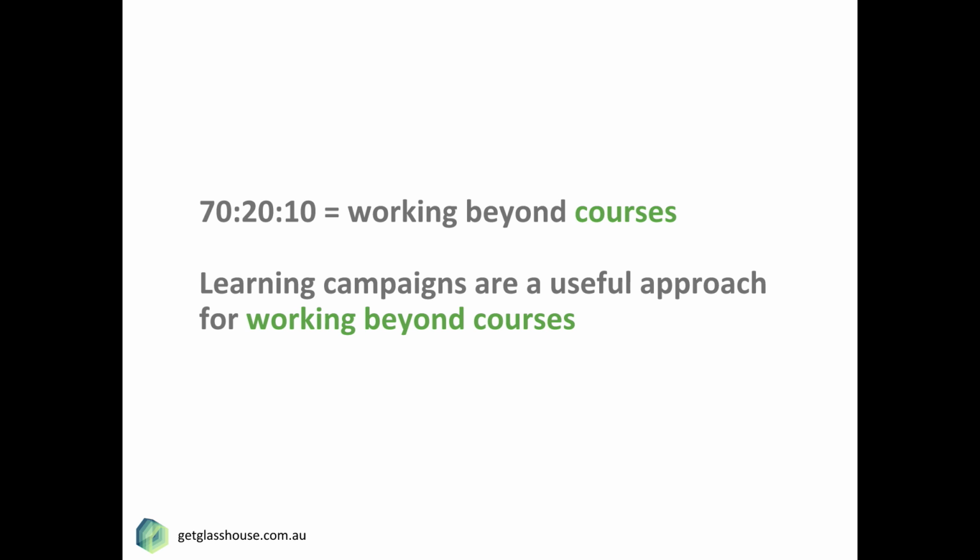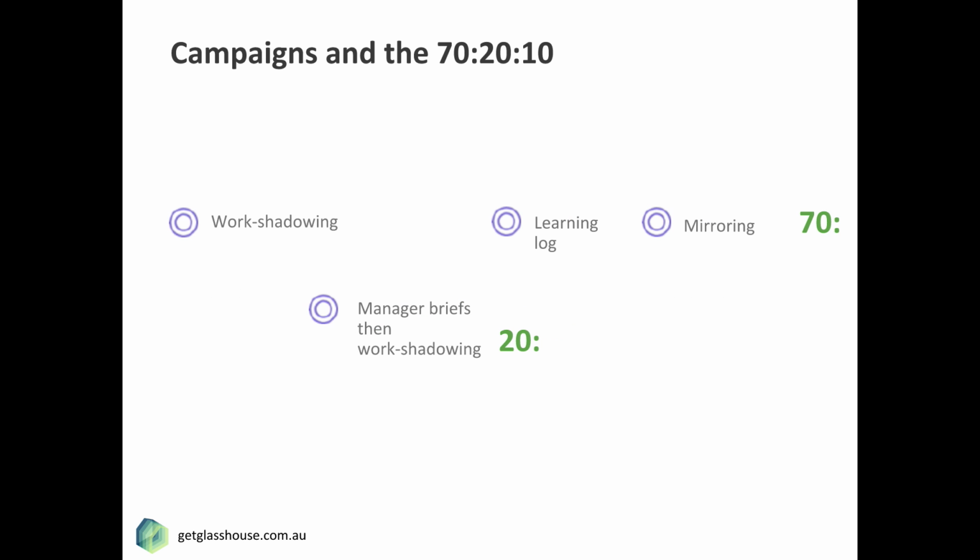So rather than just being about the 10 and about content, it can be about triggering and pushing out messages and helping people do things like work shadowing, and then triggering the manager to make sure they've debriefed it and what questions they should be asking someone after a shadowing experience. And then triggering the learner to write that up in a learning log. What can be really powerful is if the 70-20-10 and all of those are mixed together.